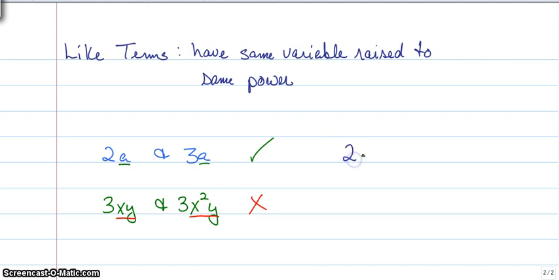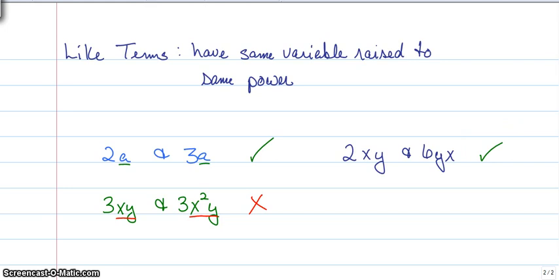Now let's see. I have 2xy and 6yx. Are these like terms? Well, xy, yx, they're just in a different order. So yes, these are like terms.